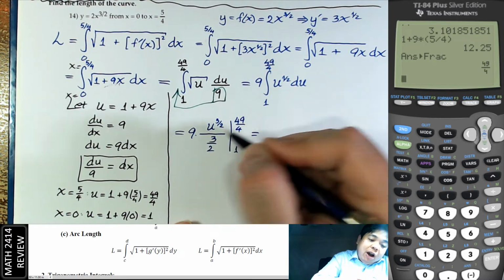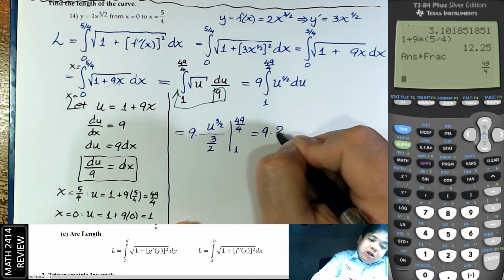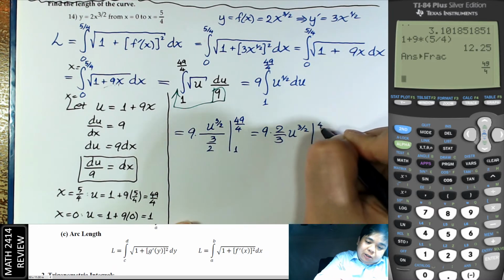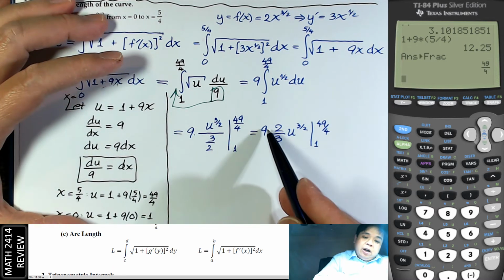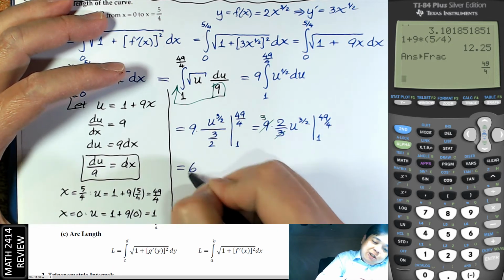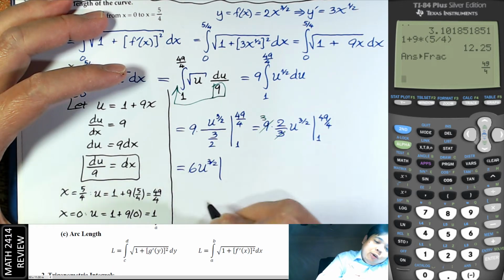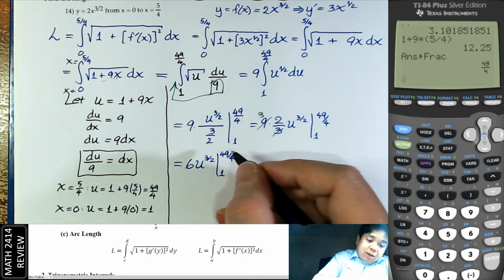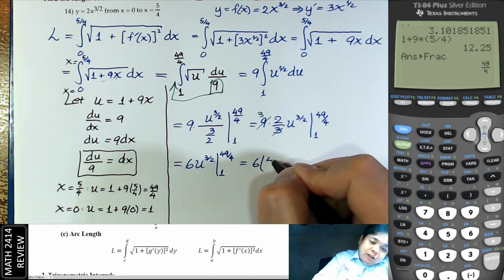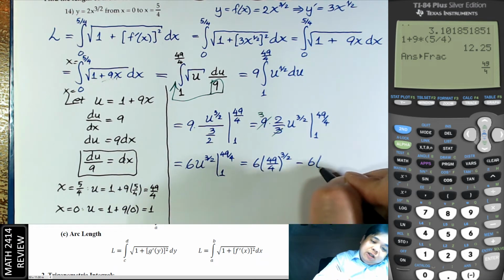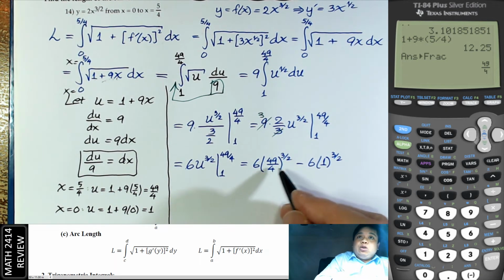Now dividing by 3/2 is multiplying by 2/3. 9 and 3 cancel out, and that gives us 6. u to the 3/2 going from 1 to 49 over 4. Of course, we just substitute in 49 over 4 to the 3/2 minus 6 times 1 substituted in there. Right, this should come out nicely.